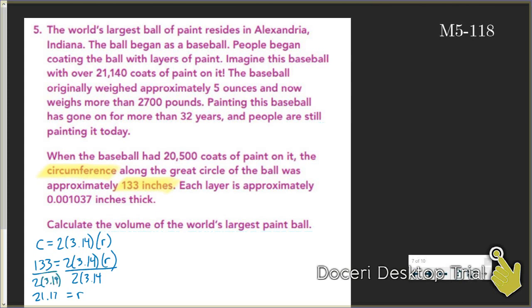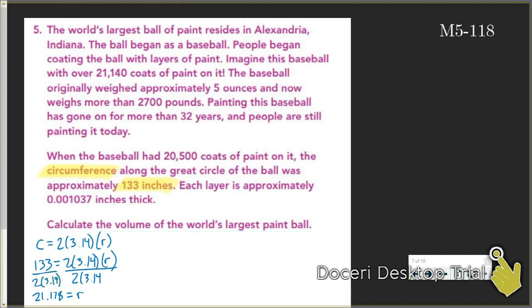and 178 thousandths. If you rounded that to 21 and 2/10 or 21 and 18/100, that would be okay. Just know that your answer might be slightly different than mine. Then we plug that into the volume formula.